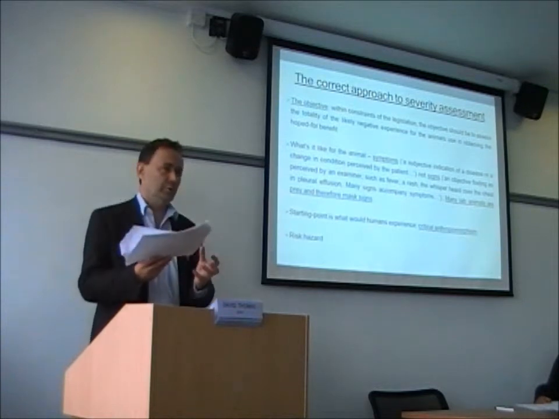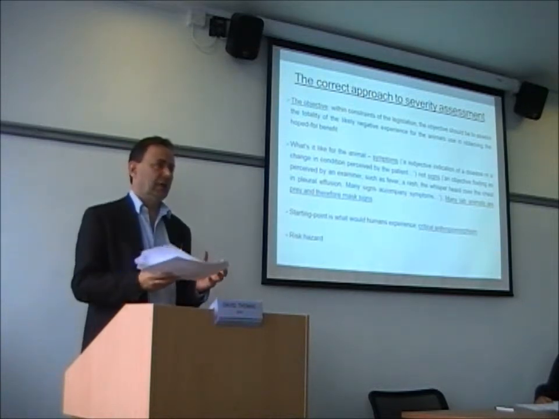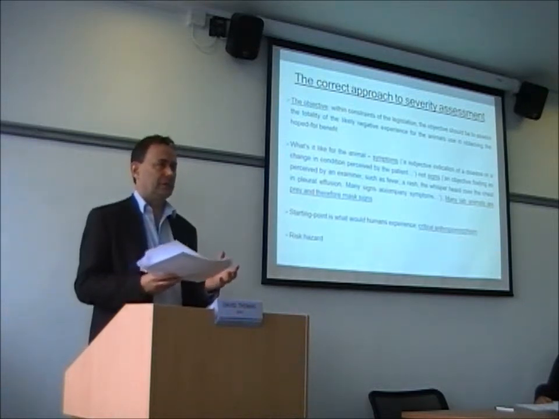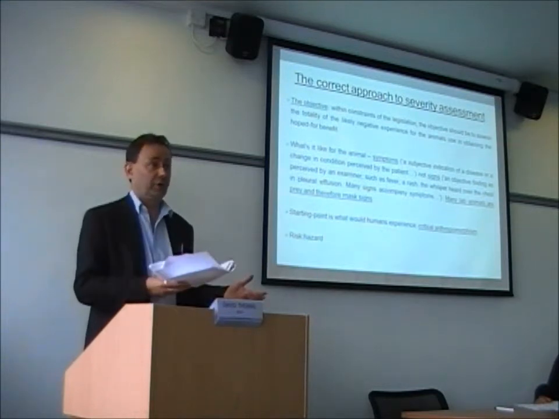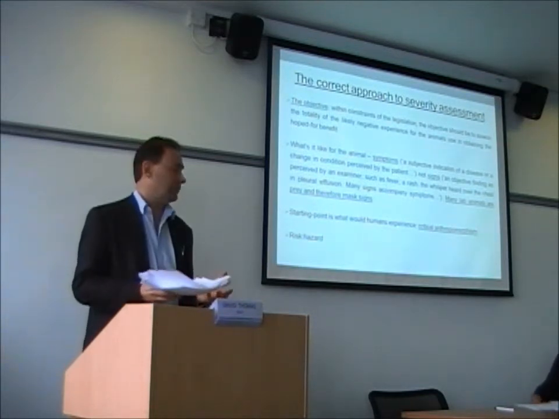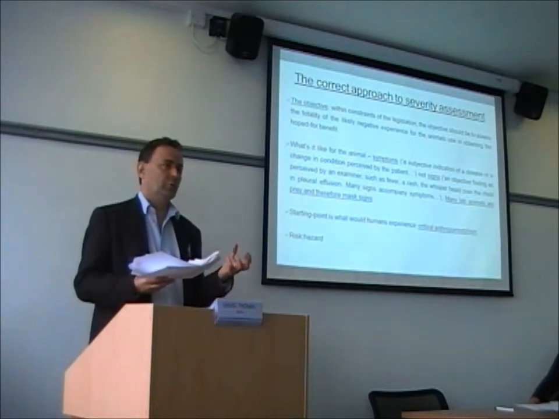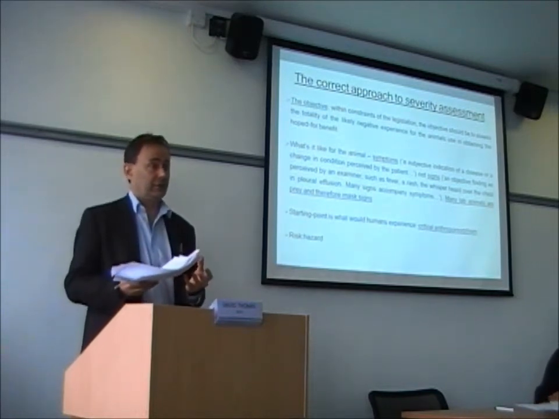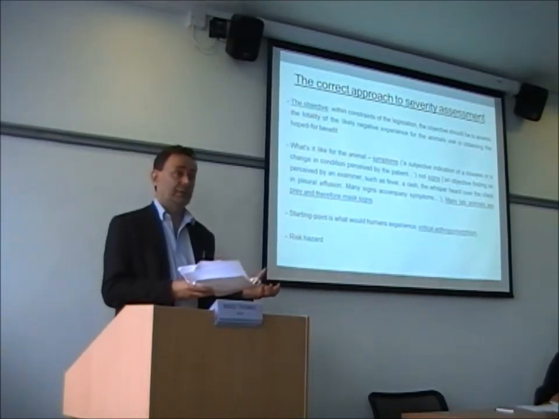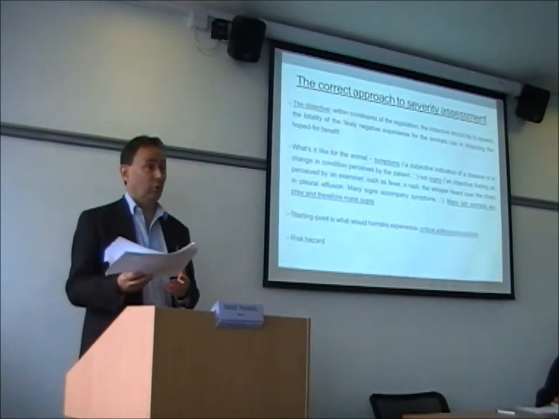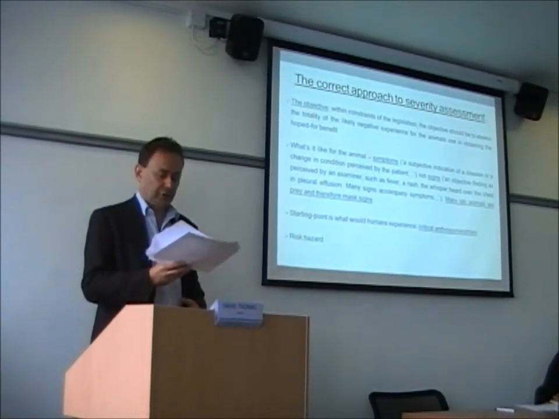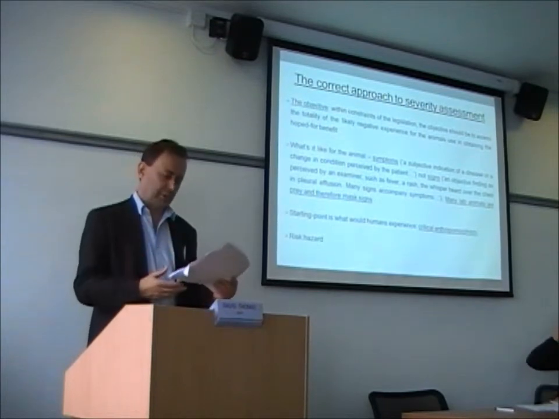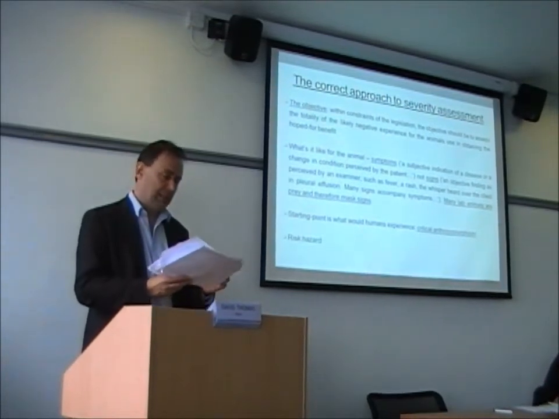The starting point, and a former Home Office chief executive said this a few years ago, is: what would humans experience in that situation? Now clearly that's not a complete guide, because different animals, including the human animal, are different physiologically and so forth. Sometimes animals will experience less suffering compared to a human being in a particular situation, sometimes more. But the starting point should be what humans would experience, what's sometimes called critical anthropomorphism.